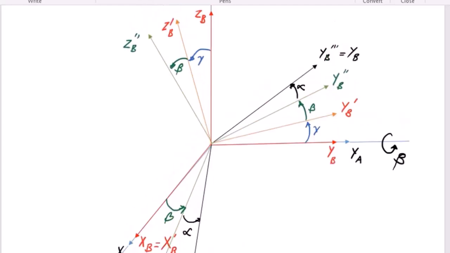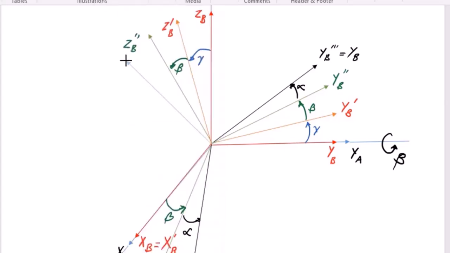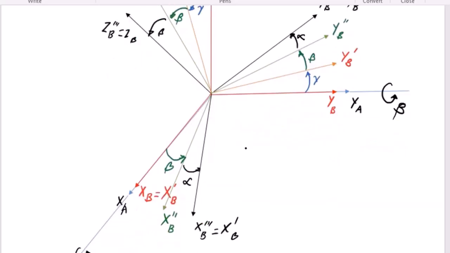And we have the last one here. This is the ZB triple prime. Equals ZB. This is affected by the beta.